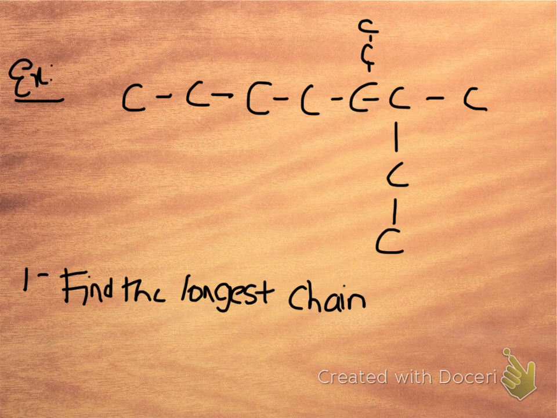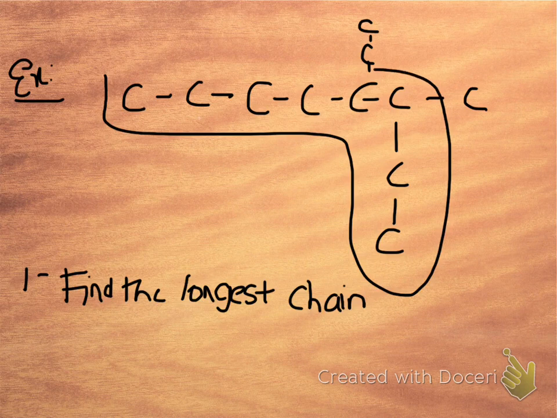Let's try with this one. How many atoms are there? There are 7 atoms. Here there are 7 atoms, and here there are 8 atoms. So our longest chain should be this one.